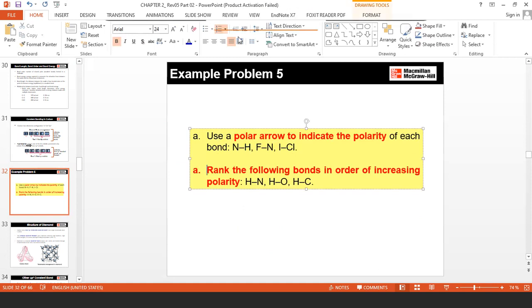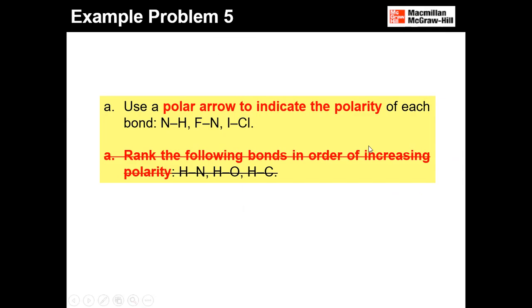Do A, not this one. There is a 2A, right? This one it should be. Can you do it? The arrow indicates the polarity.